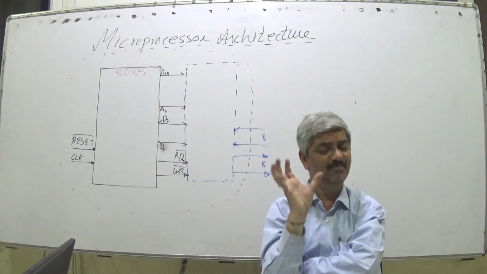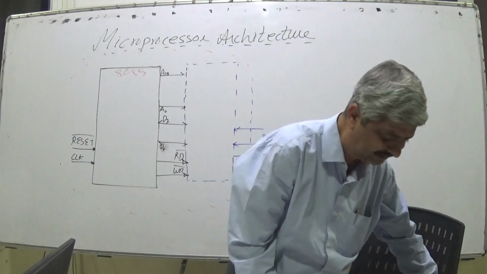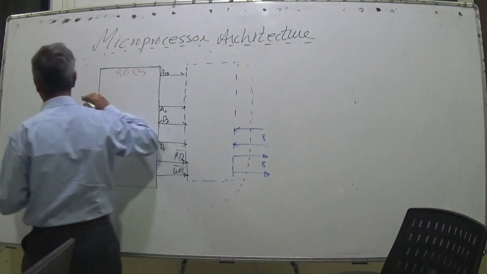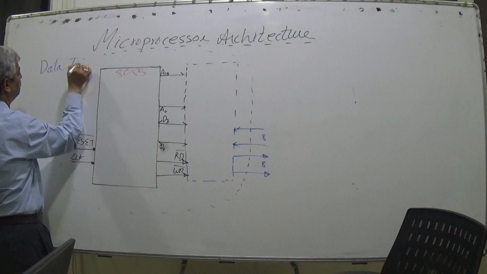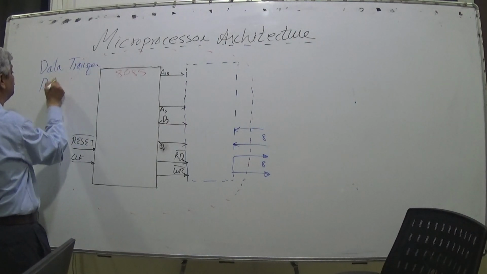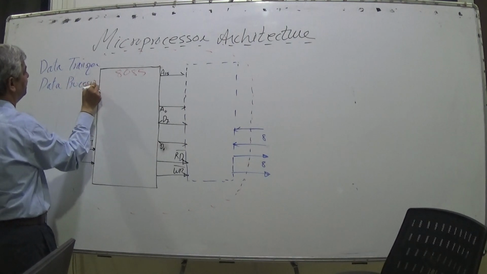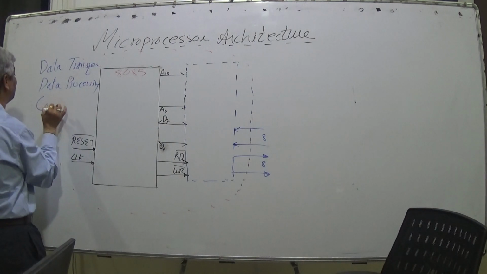So what are the instructions? To be very clear, the instructions are classified as number 1, which we discussed, data transfer, then data processing. Processing includes all arithmetic, logic, and control transfer.